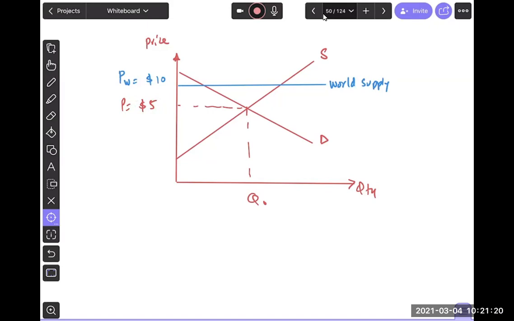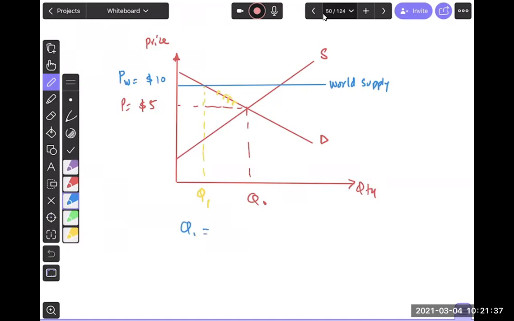Yes, the world, right? Because you make more money. In fact, for domestic consumers also, you will say the oranges are $10. So quantity Q1 will be your domestic demand, and you will sell to the world quantity Q2.